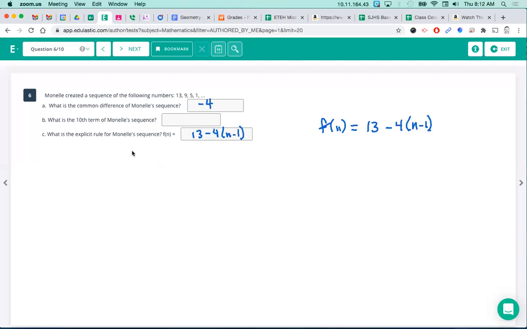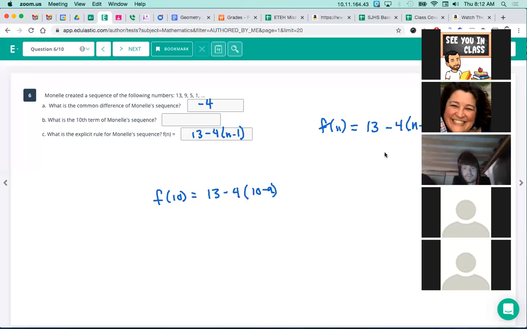All right, let's use this explicit rule to find our 10th term. So I'm going to figure out what f of 10 is, because n represents the term number. F of 10 equals 13 minus 4 times 10 minus 1.